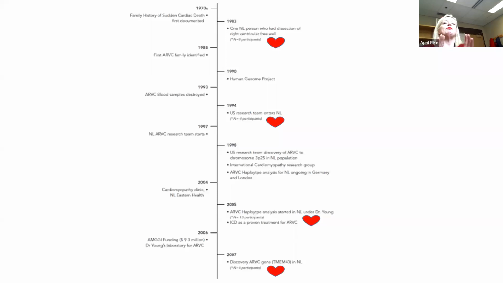So if you take a step back, where I have the hearts put there, that's where I had participants from different times along the trajectory of the discovery of the ARVC gene. If you think about being a woman in 1983, when they thought ARVC was primarily a male dominant disease and didn't affect women, you would think that you were safe.